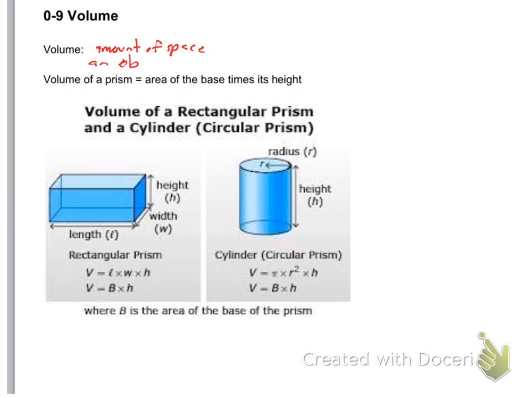So how much space is it taking up? That's what volume is. And here's a really cool thing.